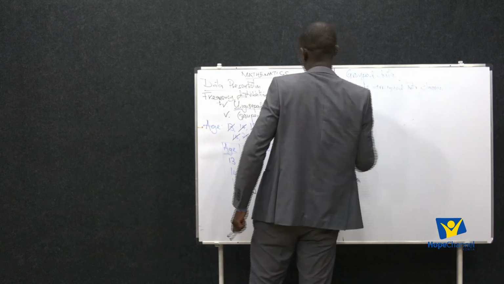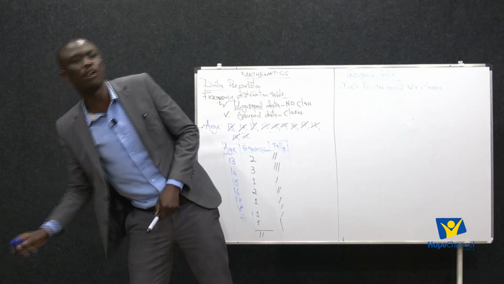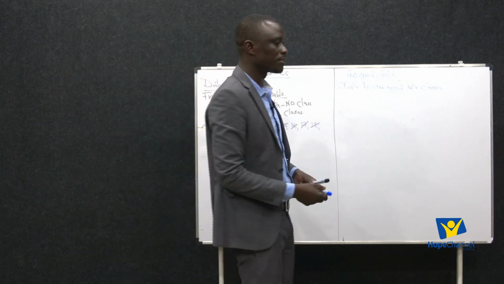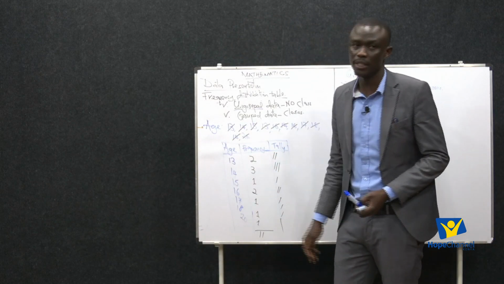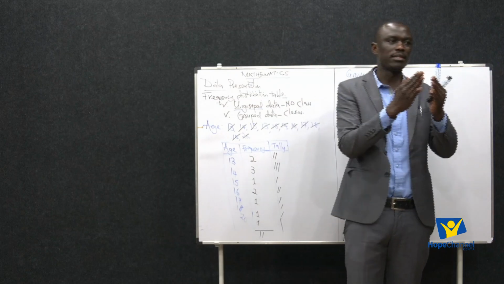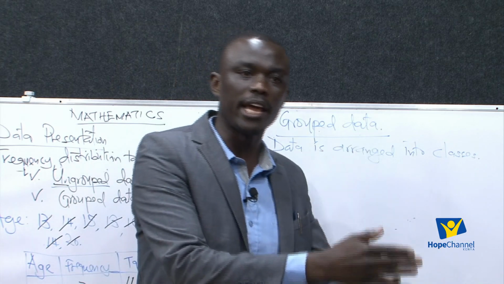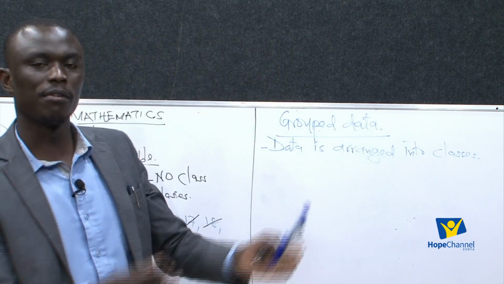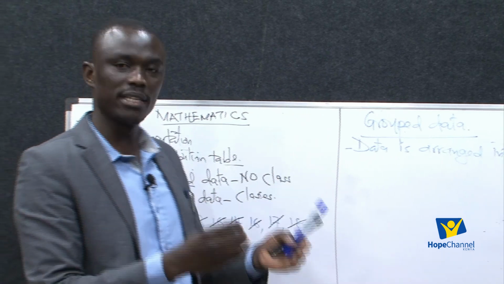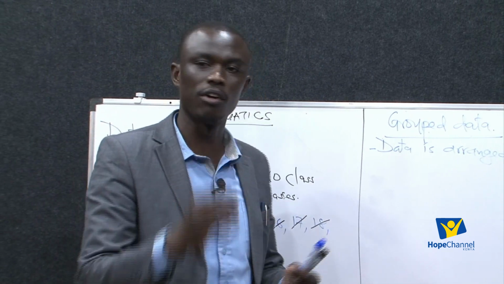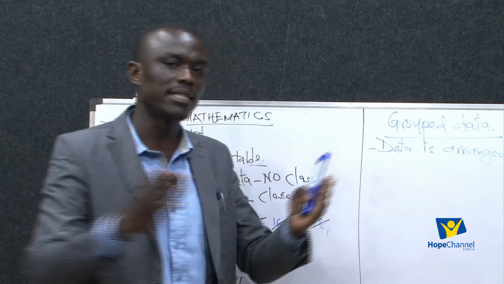The data is arranged into classes. A class is more of a group. Instead of saying that people who are 13 years, 14 years, 15, you can give a range. You can say from 13 to 20, or from 10 to 15, or from 100 to 120. You get that one? So that is basically what we are calling a class. A class in this case is giving us a range.